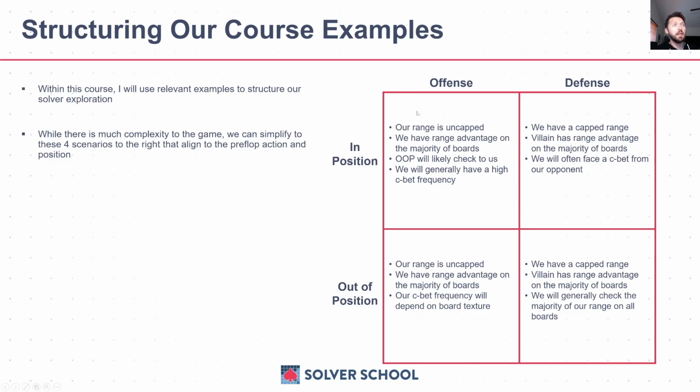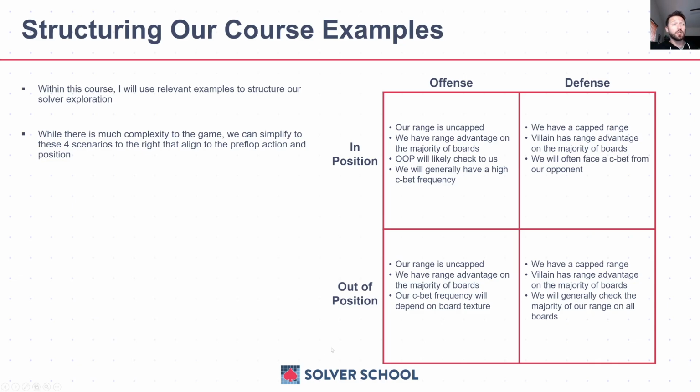Now, conversely, when we are offense and in position, we are always playing against someone who is defense out of position. So we can move diagonally here. In this exact formation, the button opens and the big blind defends. The big blind is the defender, meaning that the big blind put in the last passive action pre-flop by calling.